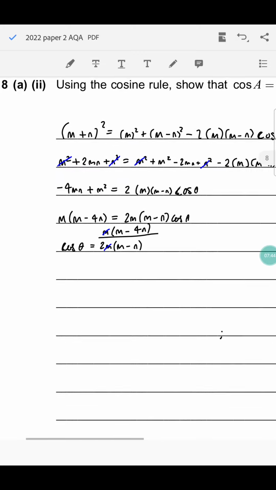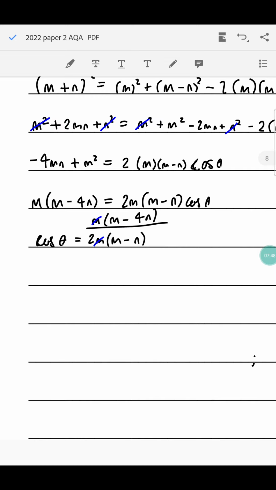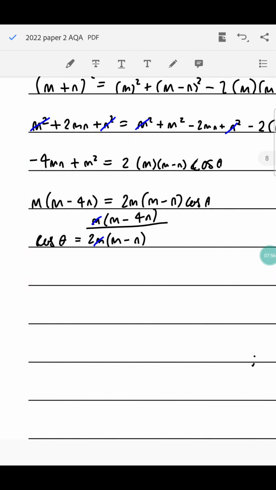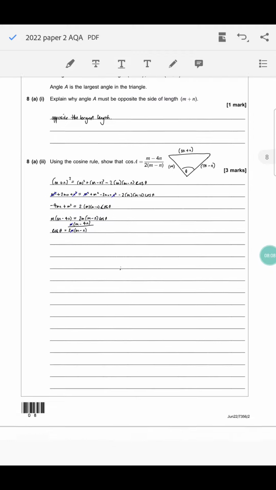It will be cos A. Now, if we factorize m out, we get m bracket m minus 4n over 2m bracket m minus n, because if we multiply that bracket out, we get 2m. Then if we solve for cos of A, we get cos of A equals 1 over 2 multiplied by m minus 4n over m minus n, which is what is required in this question.